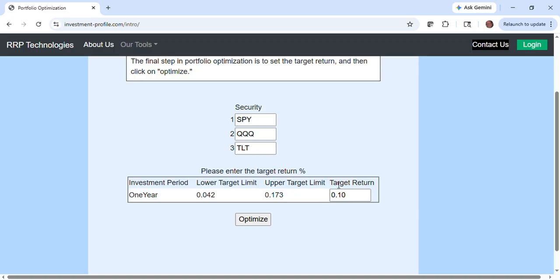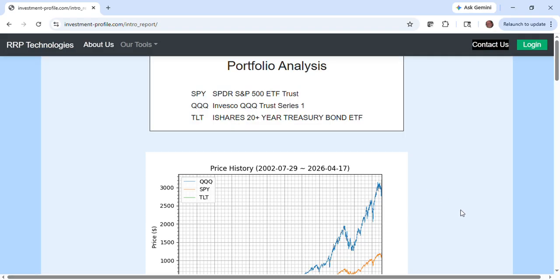So that means the target return needs to be between, in this case, about 4% at the low end and about 17% at the high end. All right, then to run the optimizer, I just click on this button, Optimize, and the system is now thinking and doing the optimization, and it's now ready.